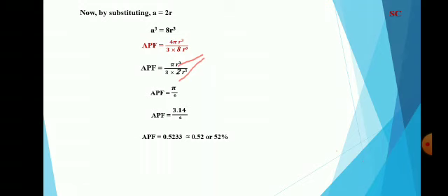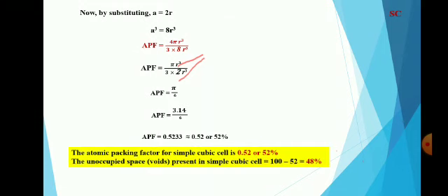So the concluding line: the atomic packing factor for a simple cubic cell is 0.52 or 52%, and the unoccupied space, the voids, present in a simple cubic cell is equal to 100 minus 52, which is 48%. So we have found that the atomic packing factor in a simple cubic cell is 52%.